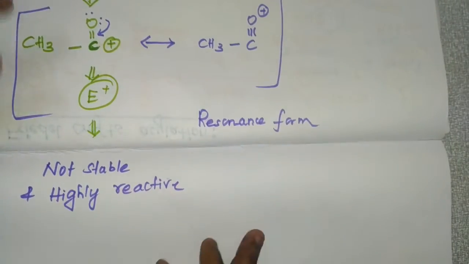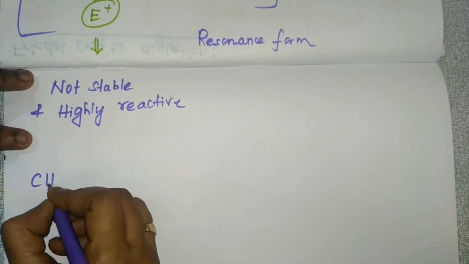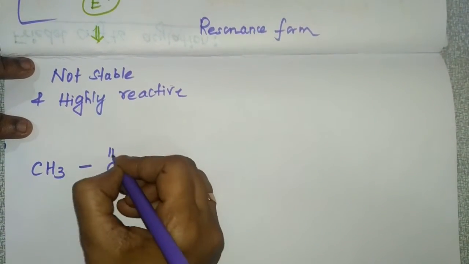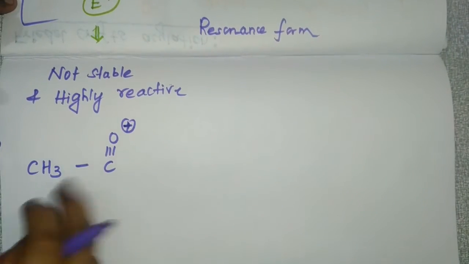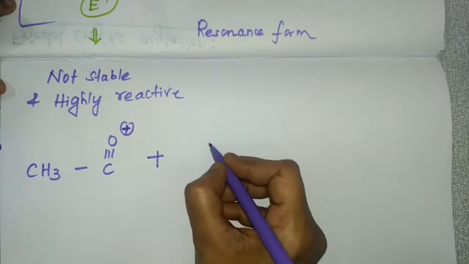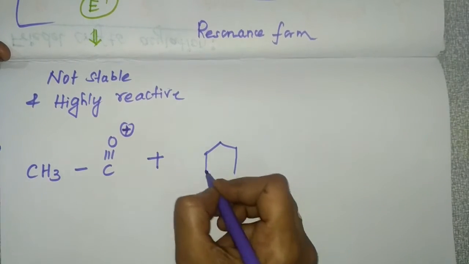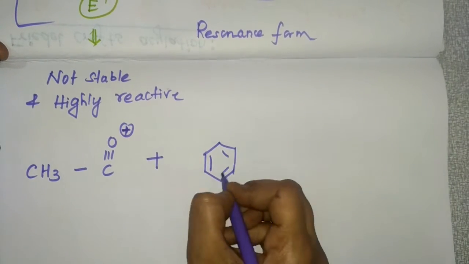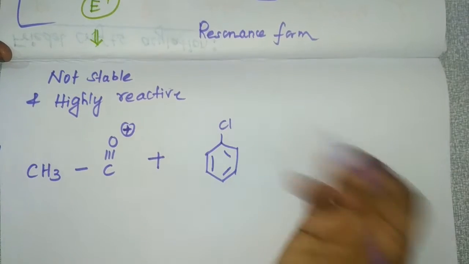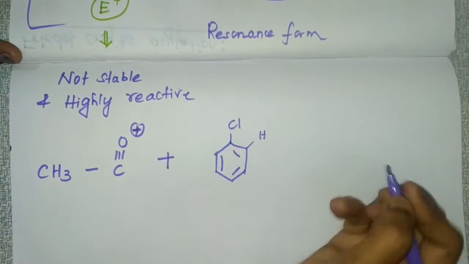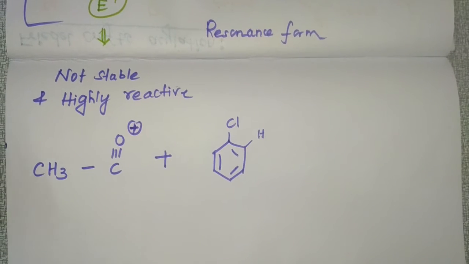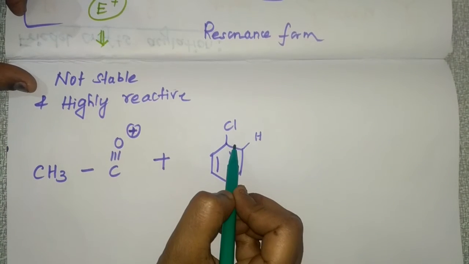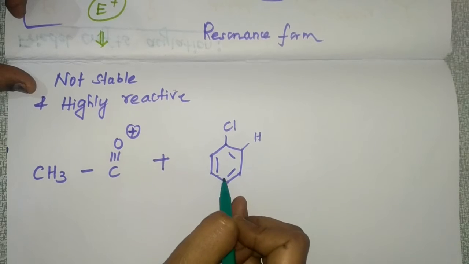So I'll write this form only here: CH3 C O, and this is positive. This only will react with this chlorobenzene, and whatever H is there in that benzene, I am writing it here. And what happens? These are the pi electrons.